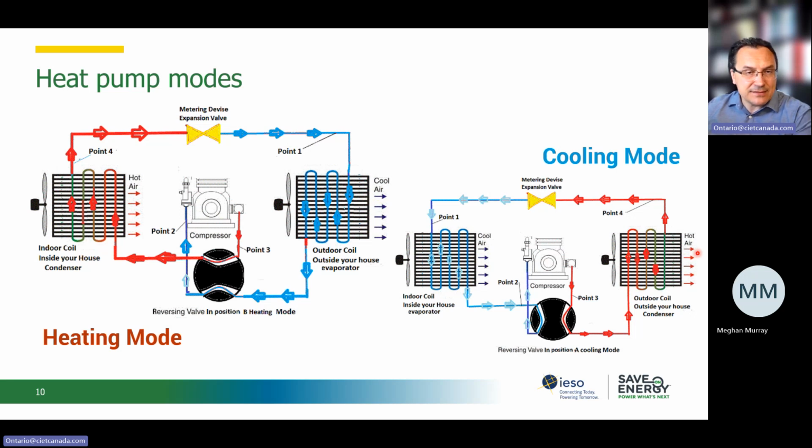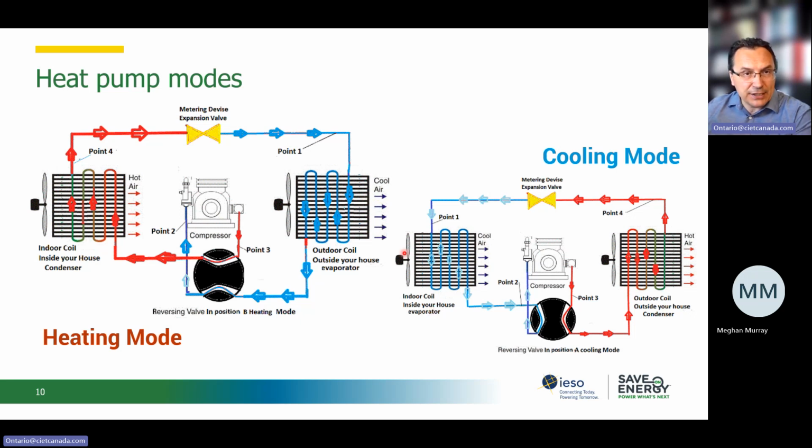We rely on this interesting function of the refrigerant, in vapor or liquid state, to evaporate at a lower temperature and condense at a higher temperature based on different pressures. So the interesting thing is that we can reverse the cycle. We can change the role of the 2 heat exchangers.